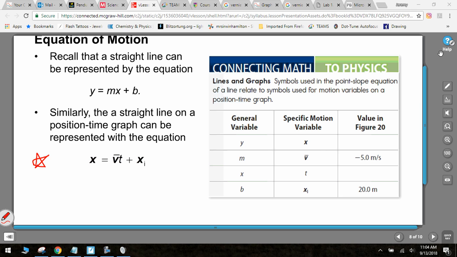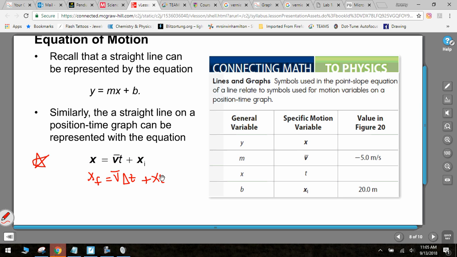And that's really saying that x at that instant, so sometimes you'll see this written as x final as well, is equal to v bar, which is our average velocity, times delta t or t, plus x initial. I'm just showing y'all the different ways that you might see this written.